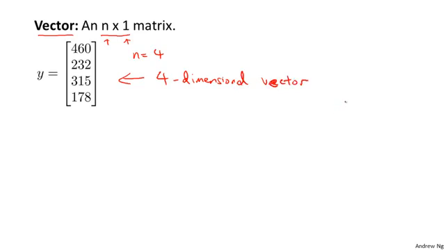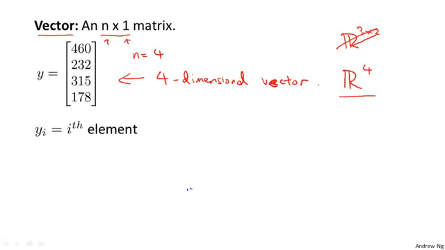And just as earlier for matrices, you saw notation like R3 by 2 to refer to 3 by 2 matrices, for this vector we're going to refer to it as a vector in the set R4. So this R4 just means the set of all 4-dimensional vectors. Next, let's talk about how to refer to elements of the vector. We're going to use the notation y_i to refer to the ith element of the vector y.